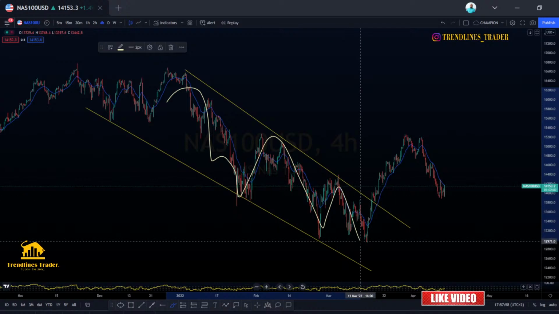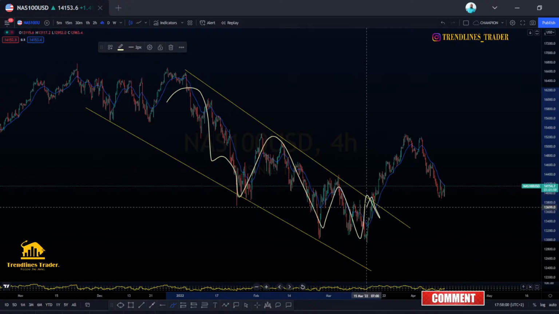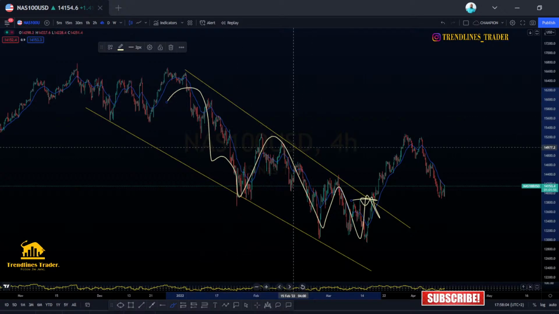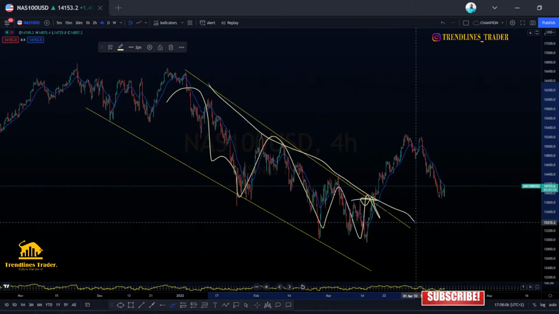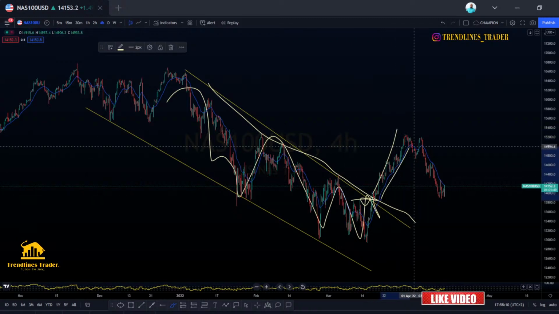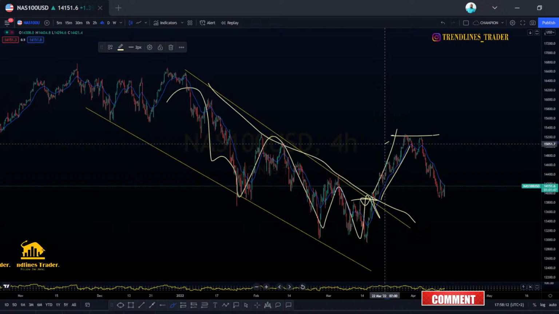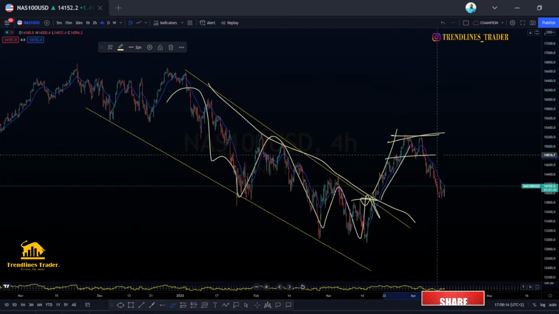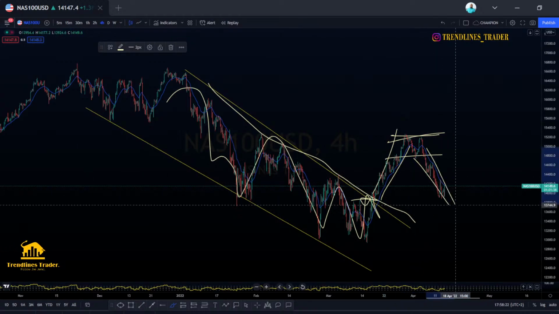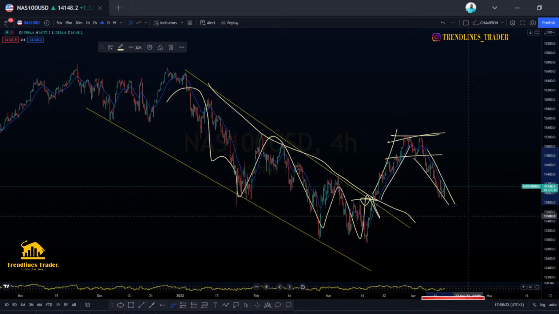Then our price managed to break the diagonal resistance you see right here, and it gave us the bullish trend, but the price couldn't push as the break of structure was presented to us right here. We saw the chart giving us a bearish channel.